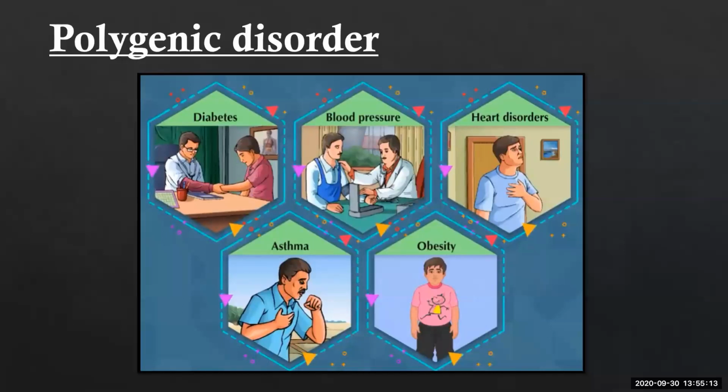These are examples of polygenic disorders which may be caused by external environmental effects having an impact on the infant. Besides that, diabetes, blood pressure, heart disorders, asthma, and obesity are also polygenic disorders, which are due to external effects on them.